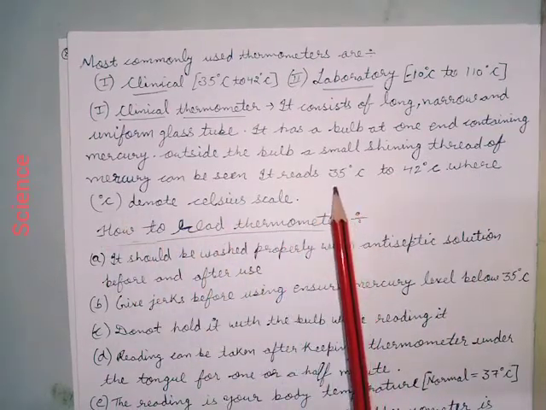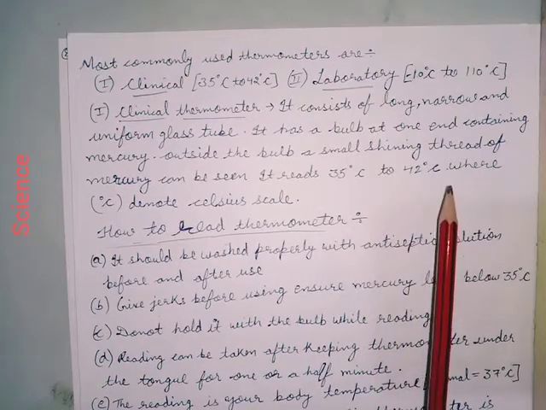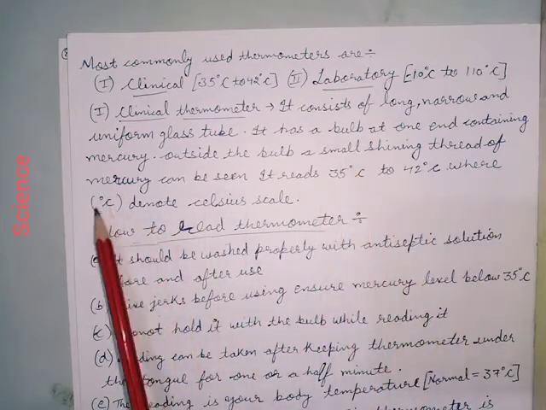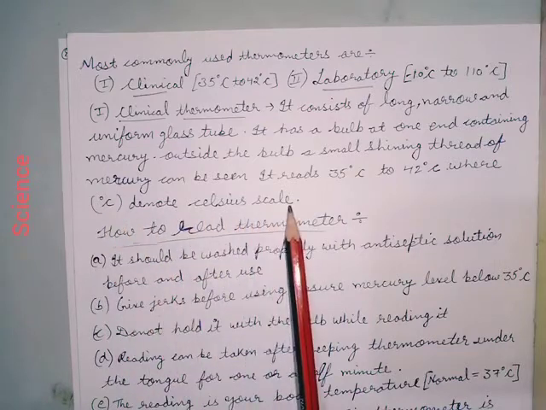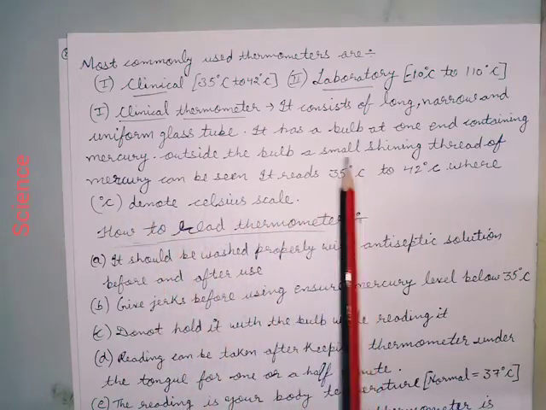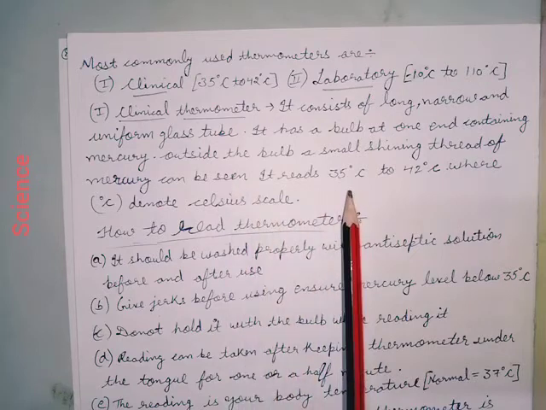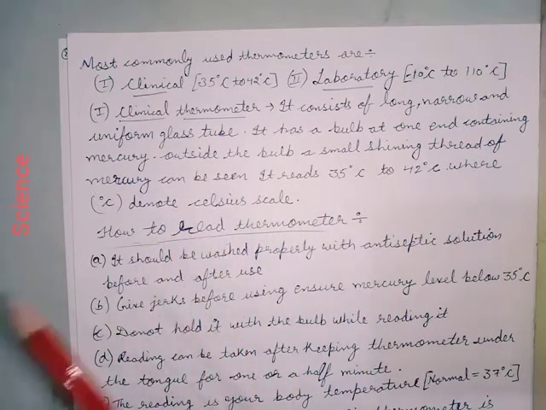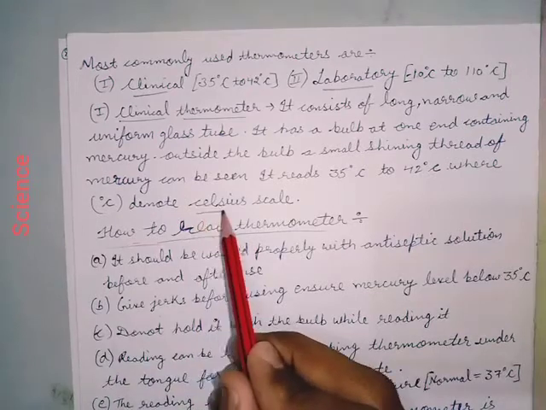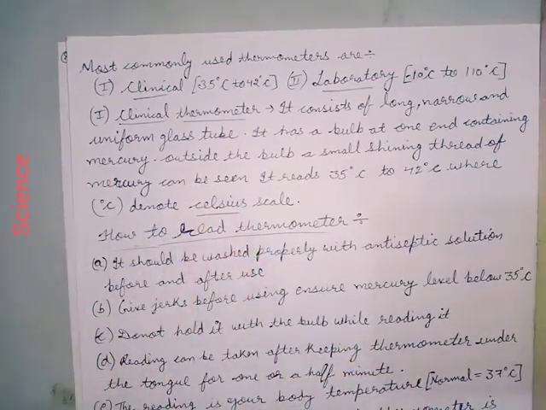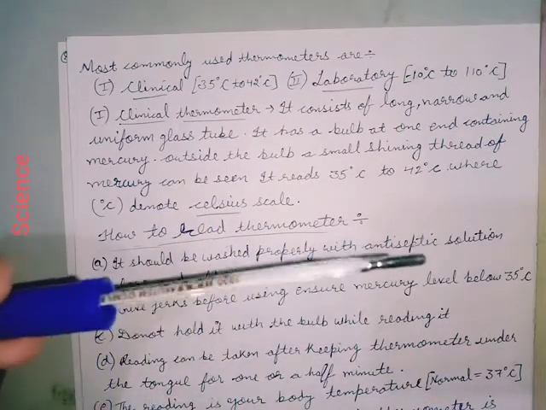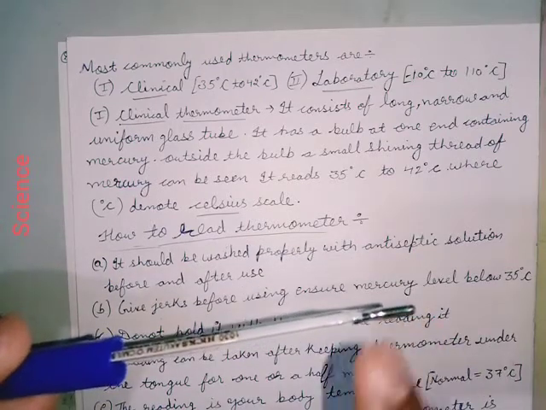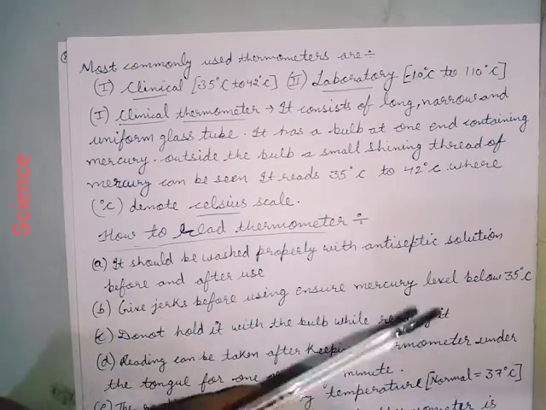It reads 35 degrees Celsius to 42 degrees Celsius, where degree C denotes the Celsius scale, the unit of measuring the thermometer reading. So we can say the Celsius scale is used in the clinical thermometer. Let's have another look. This is the bulb, and it is the shining part of the mercury thermometer.